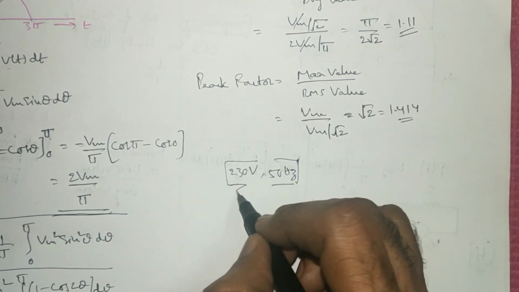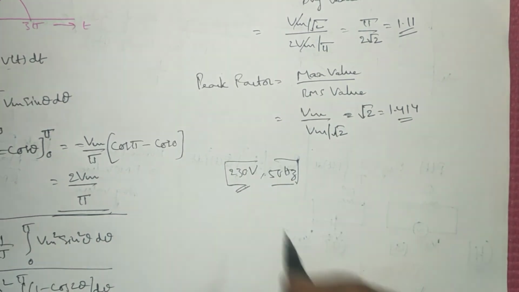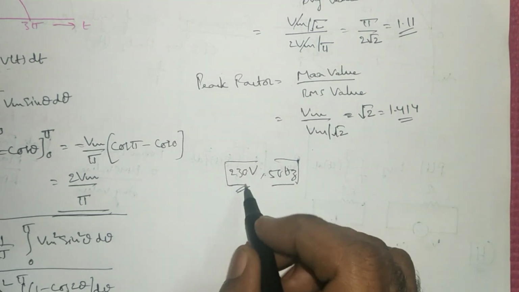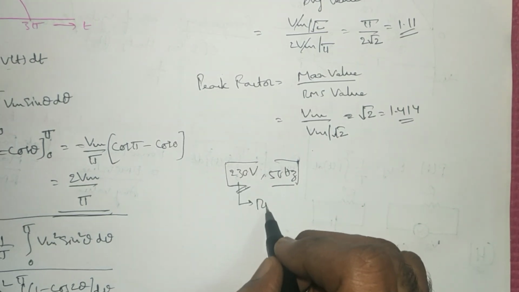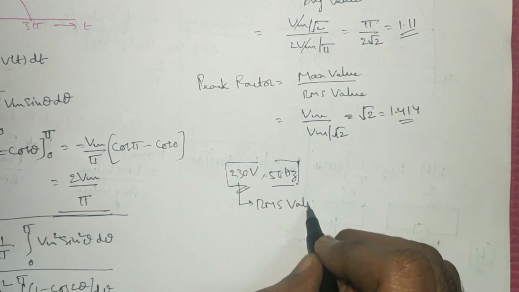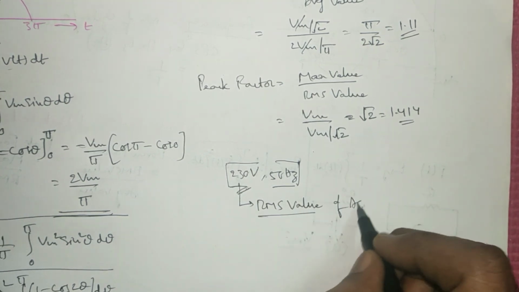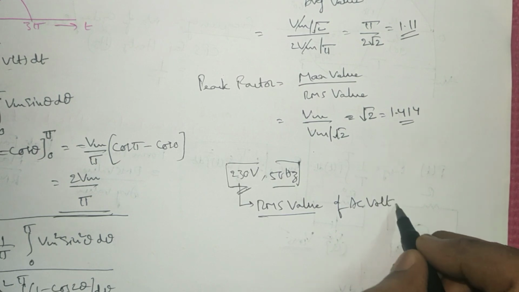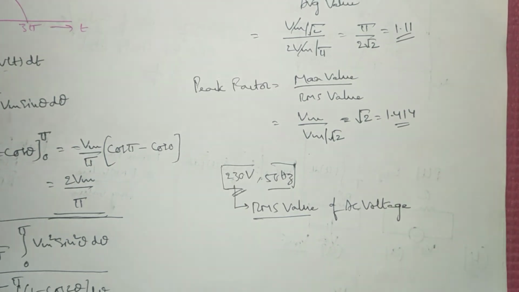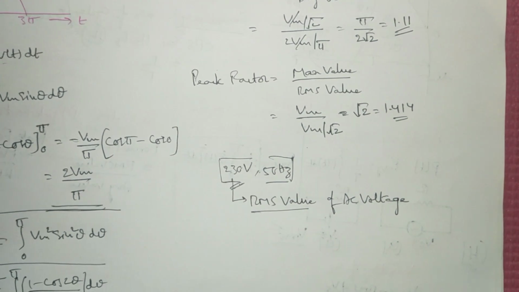This 230 volts refers to the RMS value, that is the root mean square value, of the incoming AC voltage. That is how we use these parameters in order to identify an alternating voltage waveform.